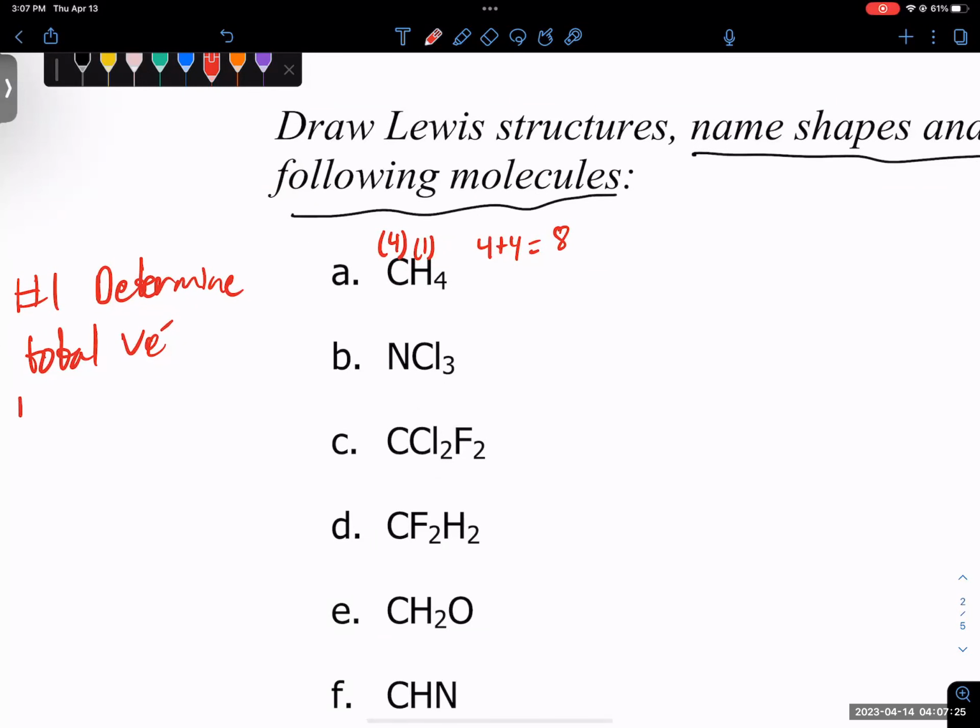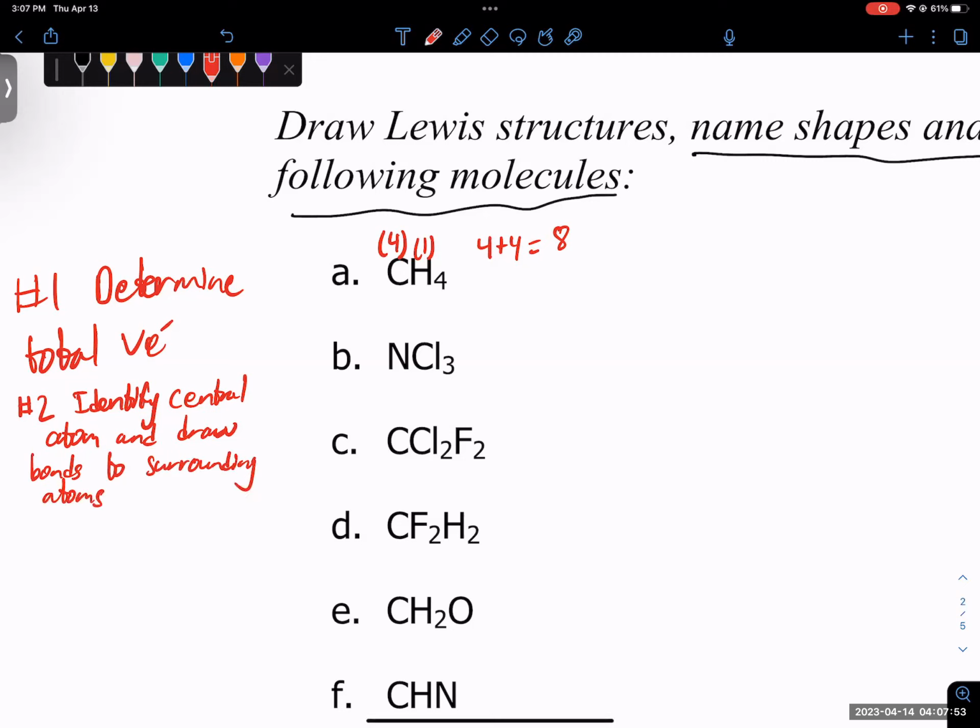Now, step number 2 is identify the central atom and draw bonds to surrounding atoms. You might be wondering, how do you determine which one is the central atom?